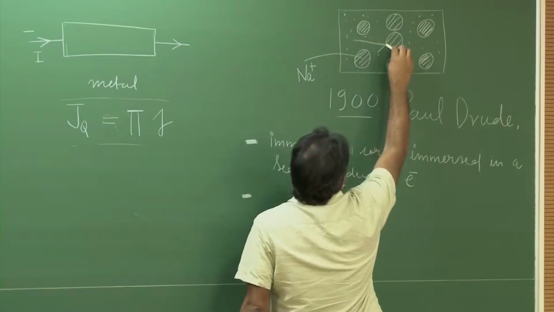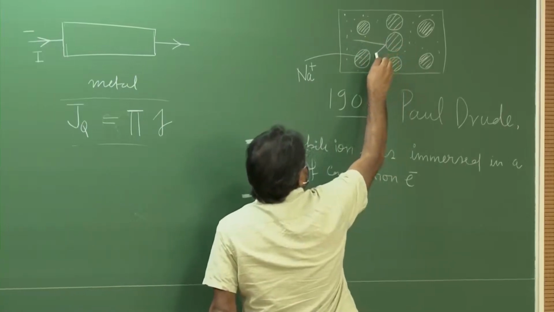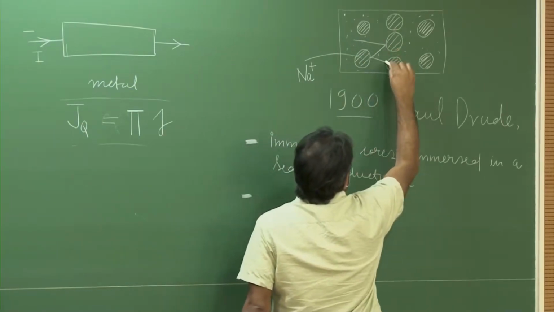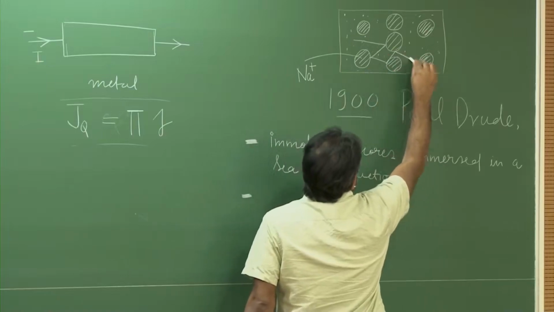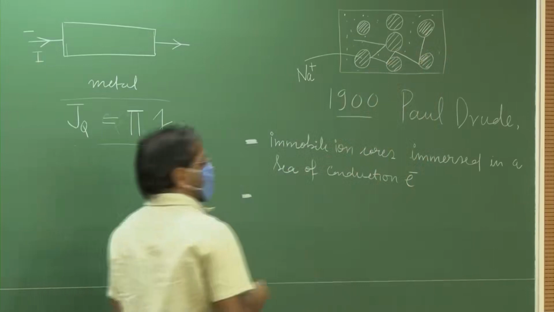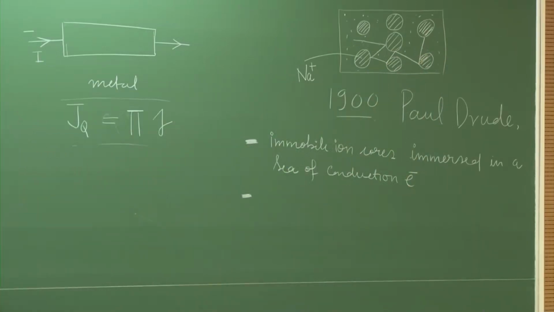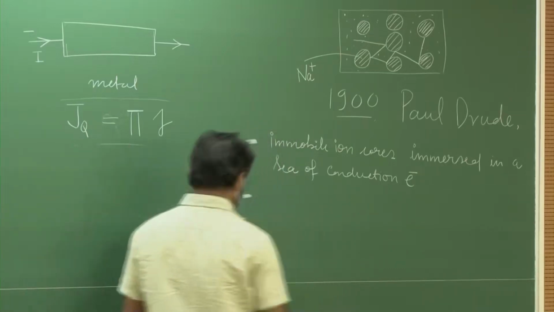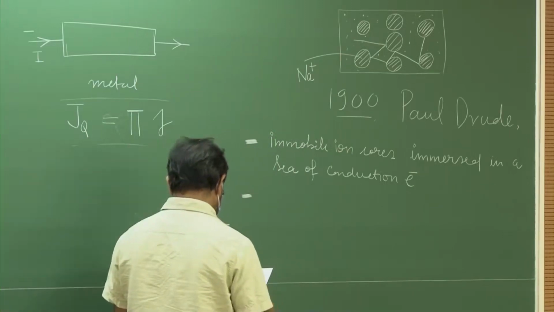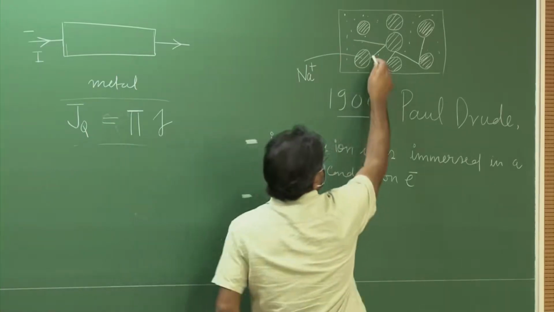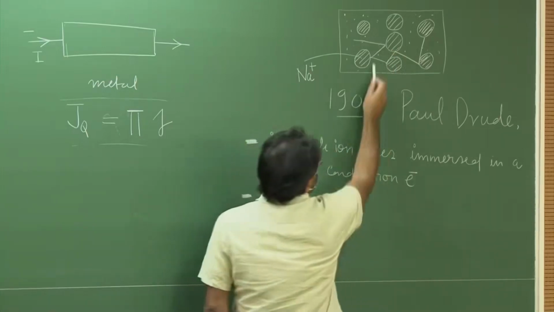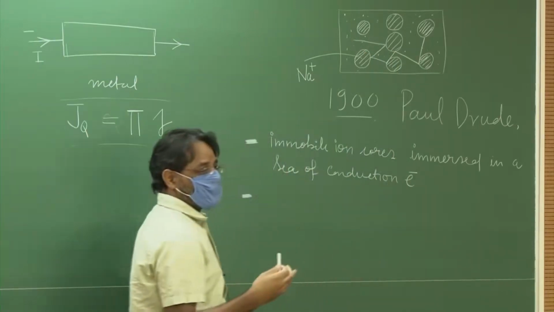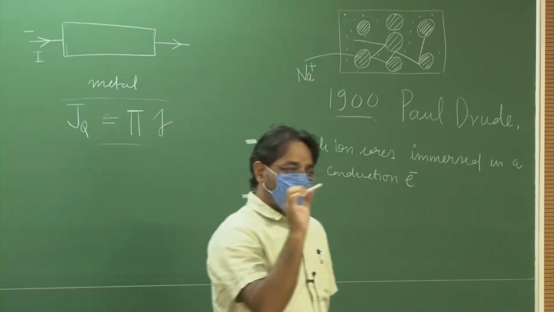The ionic core is immobile. The electron comes, gets scattered or collides on the ionic core, and moves this way, and then moves this way, and then maybe this way, and so on and so forth. It keeps doing this. The important assumption that he made is that between any two successive collisions, for instance from here to here, the electron is moving along a straight line.